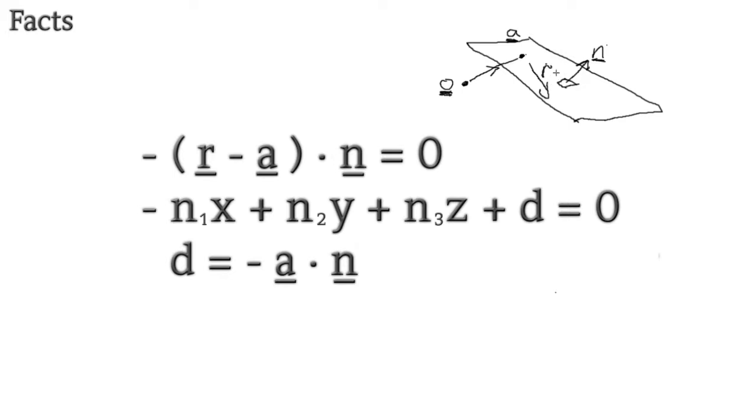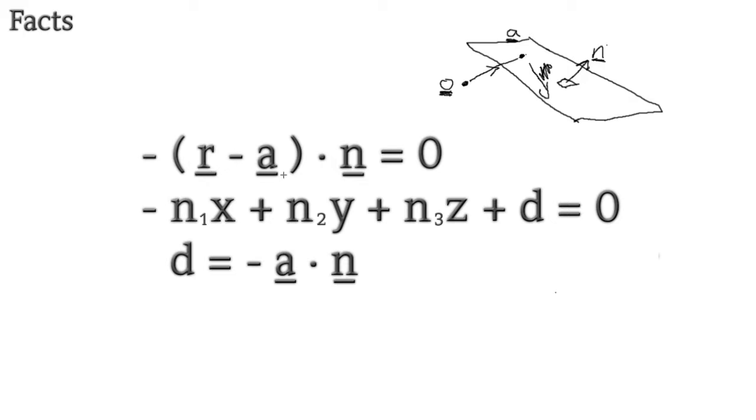So this is an arbitrary vector r take a. So r take a can be in any orientation on the plane as long as it is perpendicular to the normal vector, which also by definition lies on top of the plane.